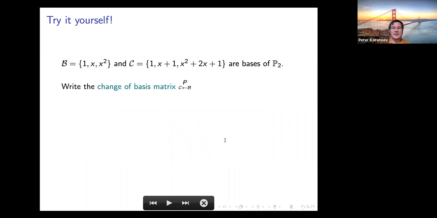Before we go on, pause the video and do the calculation which changes B into C. In other words, we need to re-expand each of those polynomials in terms of these polynomials, and then find the coefficients of the corresponding expansion. Okay, so resume the video once you're done.